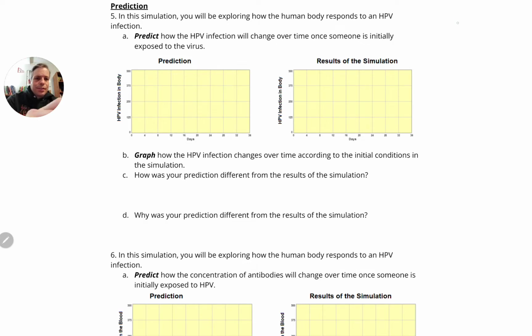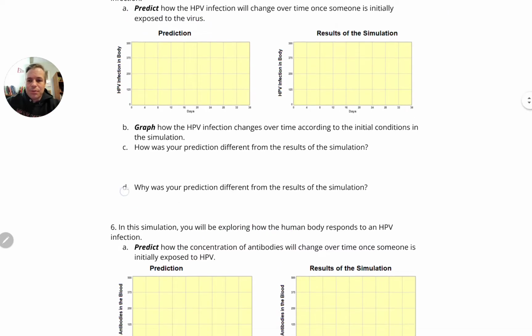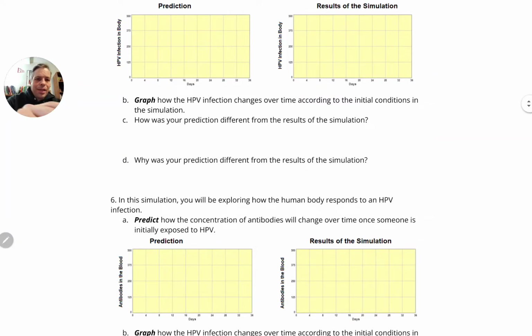First, predict how the HPV infection is going to change when someone's exposed, and second, predict how the concentration of antibodies will change when someone's exposed to HPV. Students draw in some kind of prediction of what they think is going to happen. Then we run the simulation.